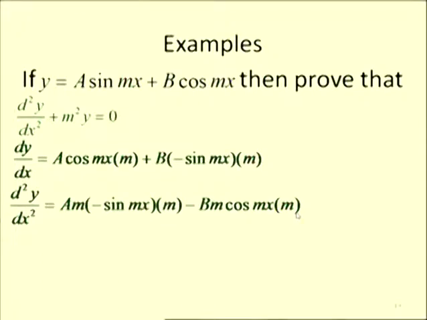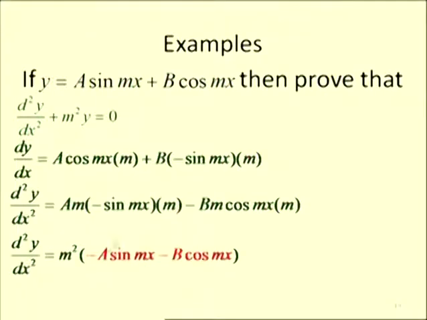So here there is 1 m, here there is 1 m, so m into m is m square, here also there is an m, here also there is an m into m is m square. So m square is there in both the terms. Also we have minus sign here in the first term and second term. So what we can do exactly, we can take m square common here. So here we have minus a sin mx minus b cos mx.